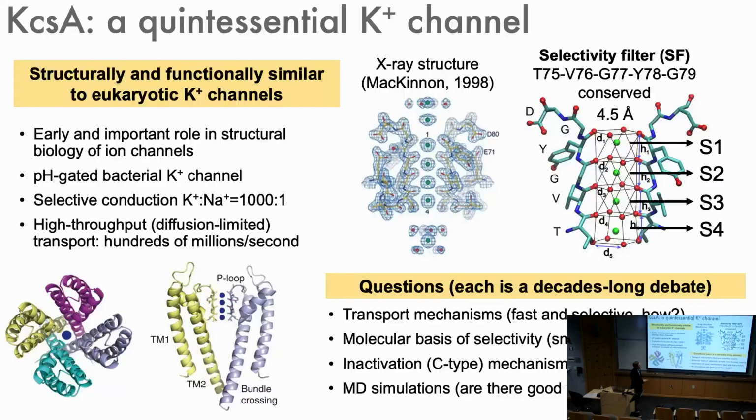We don't fully understand how it can be both fast and selective. So the molecular basis of selectivity itself is not known, and we also don't fully understand how the channel inactivates in various conditions. And there's always a question of how good MD simulations are, and every one of these questions is essentially a decades-long debate in the community.